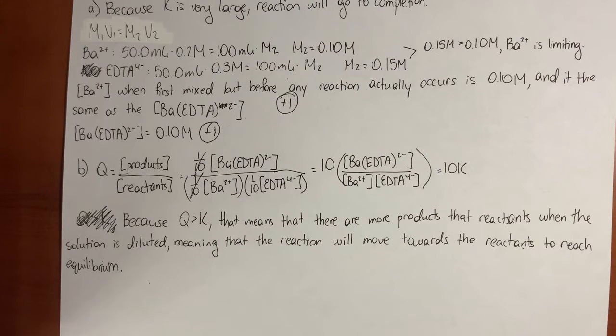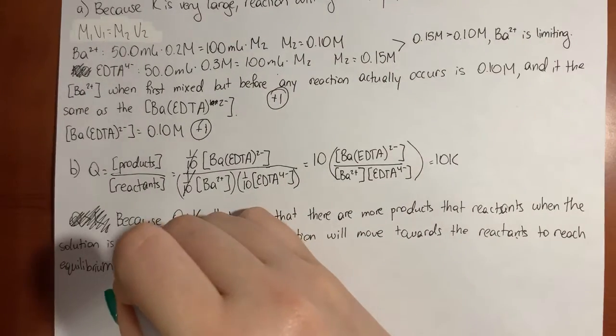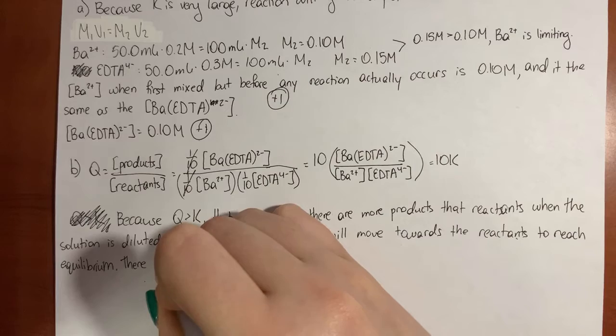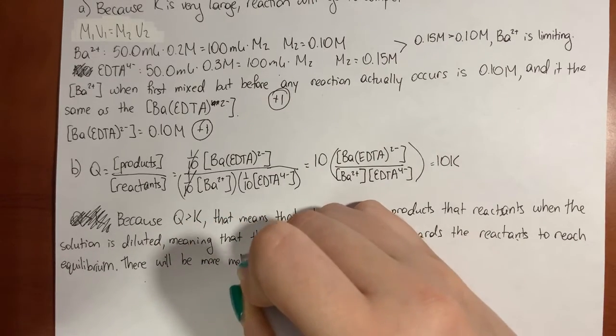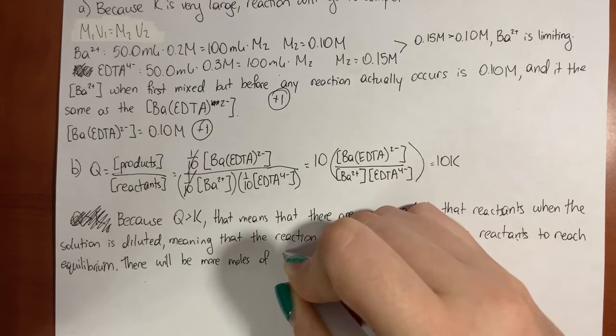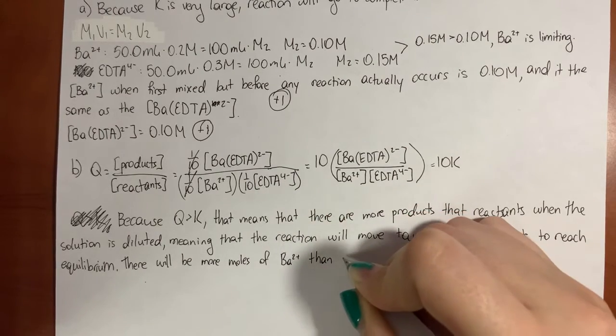Because the reaction goes to reactants to reach equilibrium, there will be more moles of Ba2+.